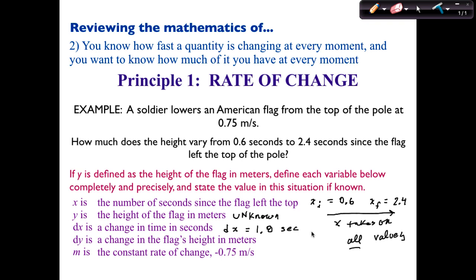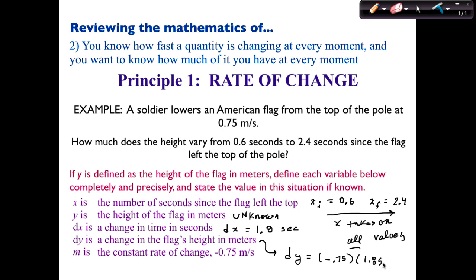What about dy? How can we know how much the height is varied? Right, so what do we know? Given a constant rate of change, given any change in x, we know what the change in y is, right? So our constant rate of change is negative 0.75. That's how much it's going down per second, and we have a change of time of 1.8 seconds.